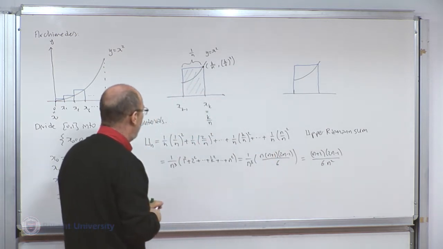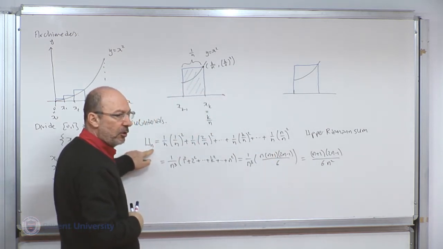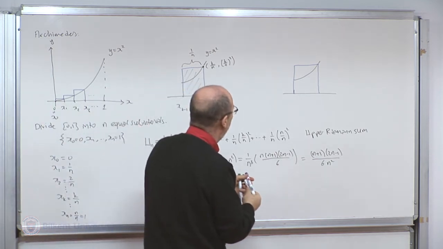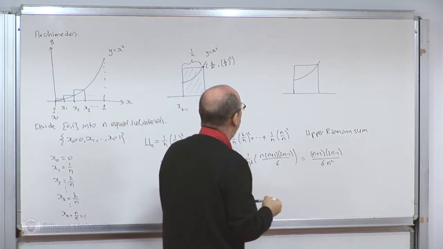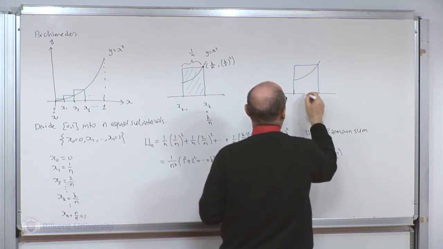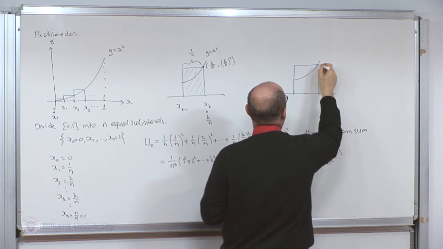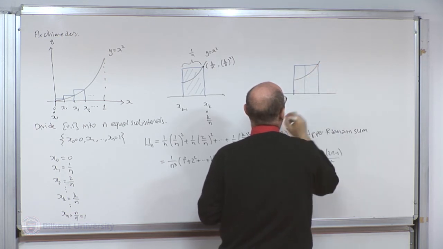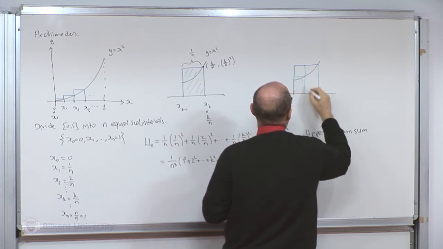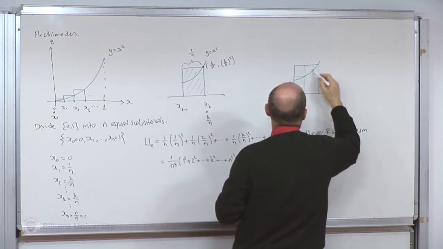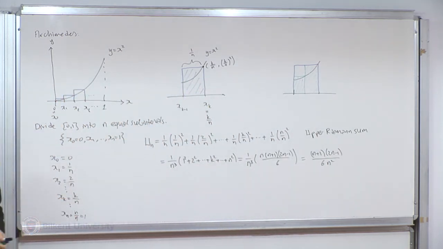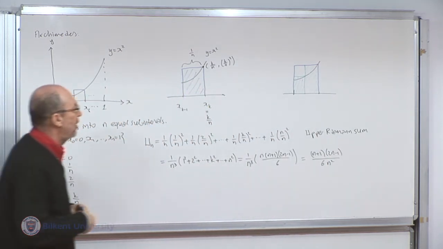Now suppose instead of n, I'm using 2n. Then all these rectangles are divided into 2, and the new rectangles will be like this. Again, now I will have this point, and this point. So I have this rectangle, and then I have this rectangle. So instead of the blue rectangle area, I'm using this area. So you see that white part, let me emphasize it.